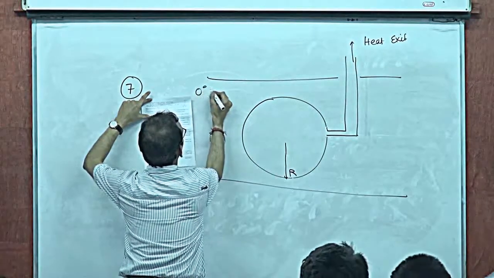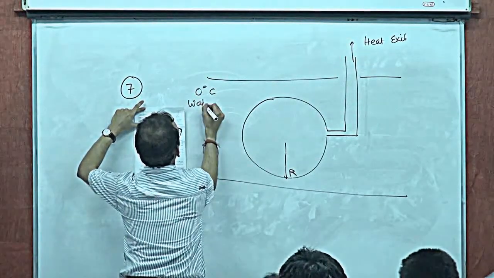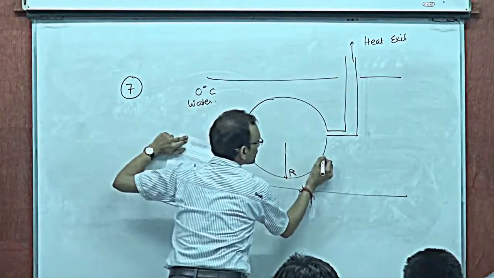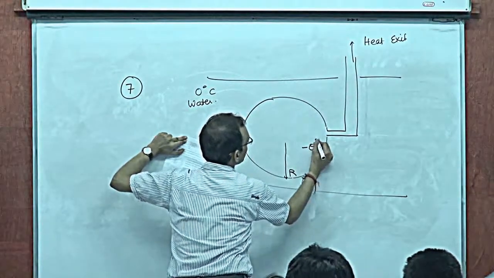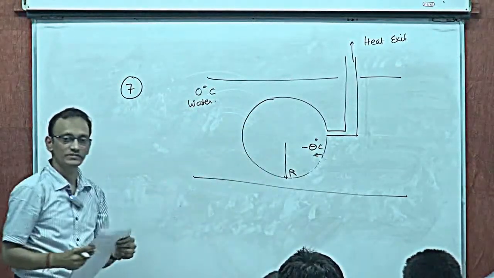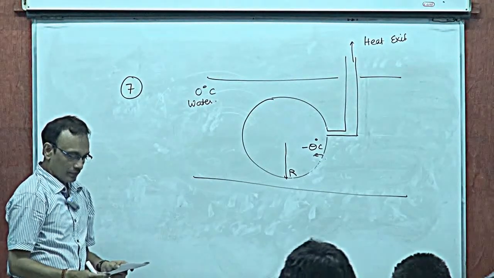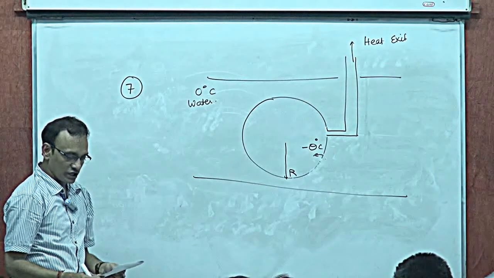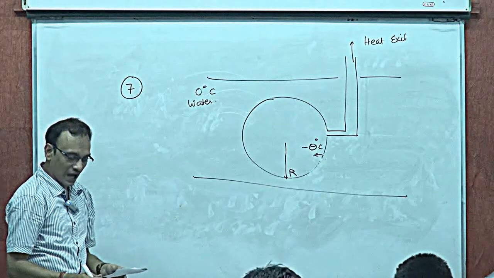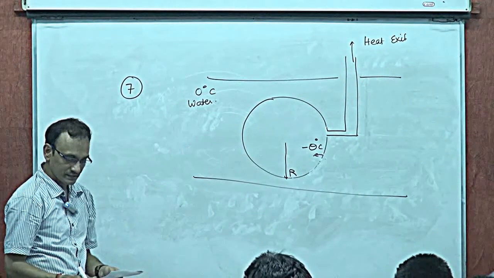Surrounded by water at 0 degrees centigrade. The surface of this is maintained at minus theta degree centigrade all the time. Find the time in which a layer of ice of thickness R appears on its surface.